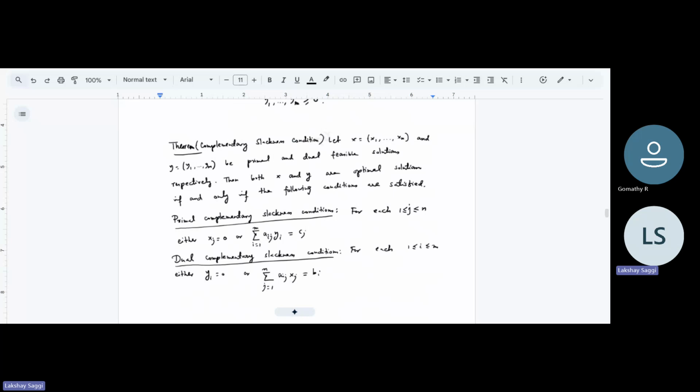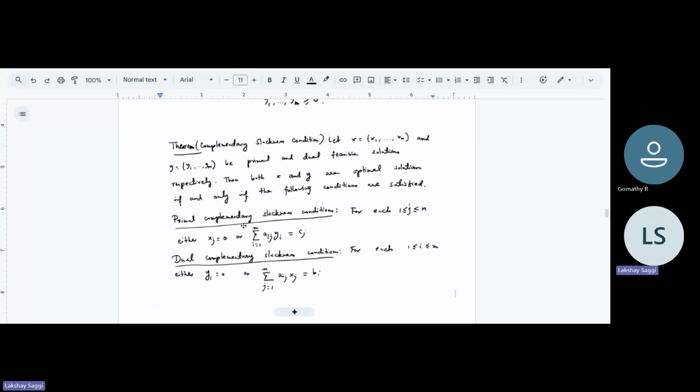But let's just say X is a feasible solution for the primal LP, and Y is a feasible solution for the dual LP. Then if you want to check whether X and Y are optimal solutions, X and Y are optimal if and only if the following conditions are satisfied. These conditions are also called complementary slackness conditions.